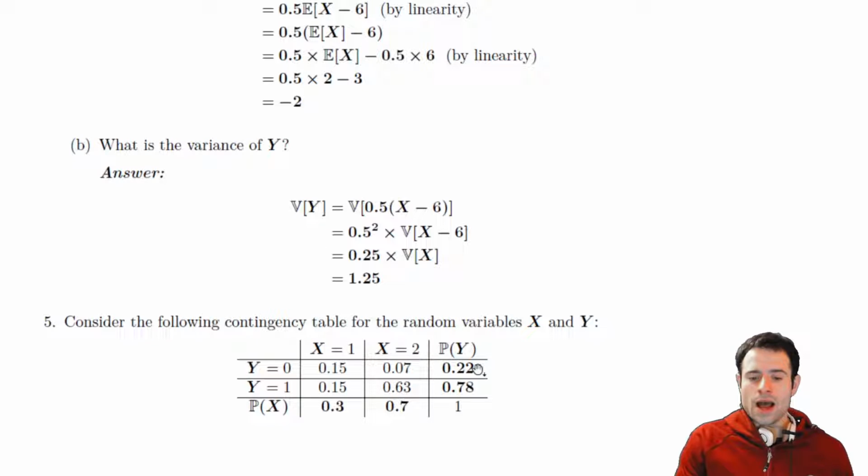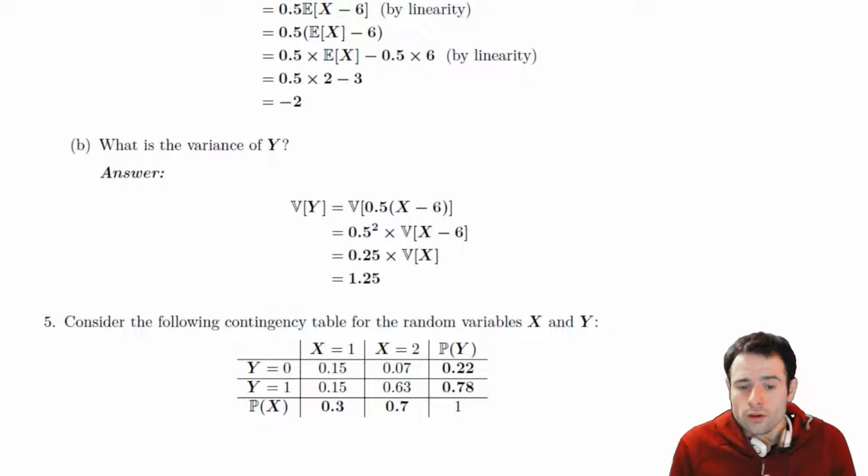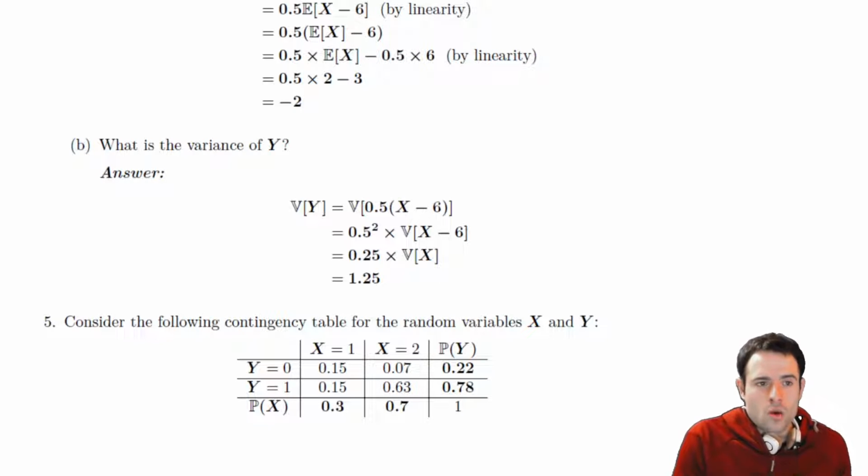Again, if you add these two probabilities together, you get a probability of 1. 1 is the probability of getting either a 0 or a 1. Since y can only be equal to 0 or 1, then you just add these two probabilities and it's equal to 1. There is a 100% chance that you are going to get a 0 or a 1. Same for x. There is a 100% chance that you are going to get a 1 or a 2.